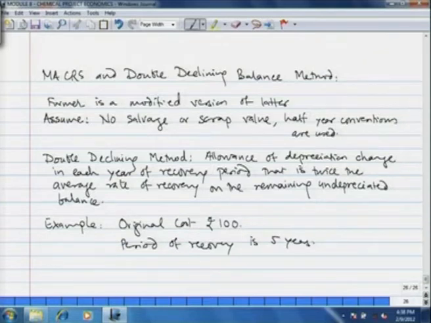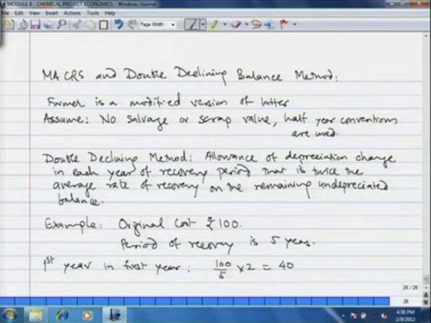Then the depreciation in the first year according to the double declining balance method is 100 divided by 5, that is the recovery per year, into 2, twice the recovery. So that is 40.